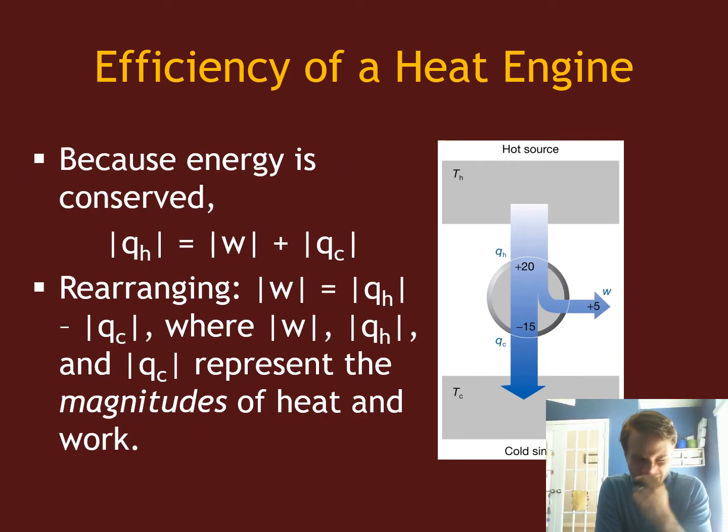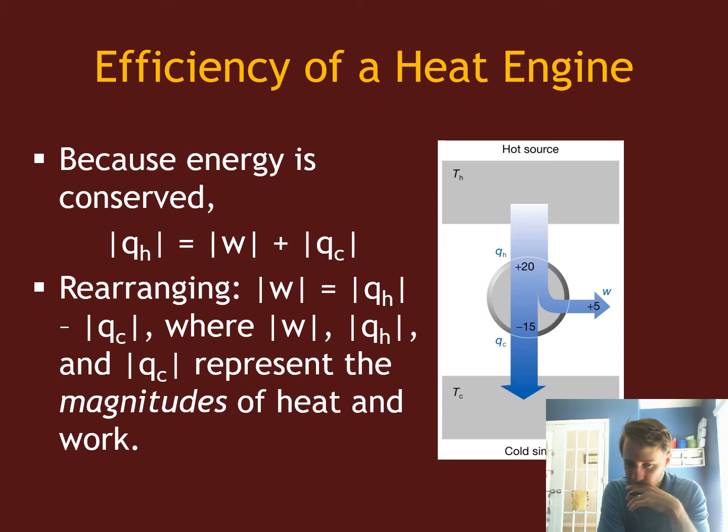Because energy is conserved, the total amount of energy input from the hot source is equal to the total amount of work done plus the total amount of energy taken in by the cold source. So rearranging this, the work that's done is just the energy supplied by the hot source minus the energy consumed by the cold source.